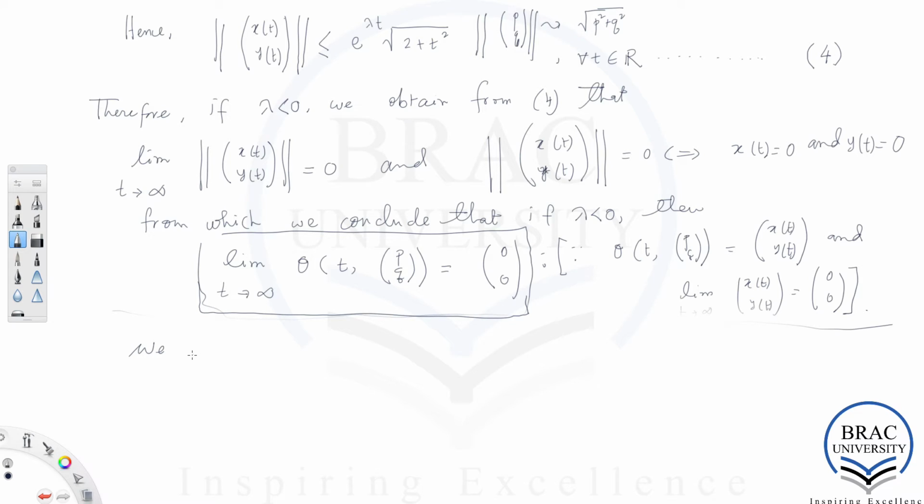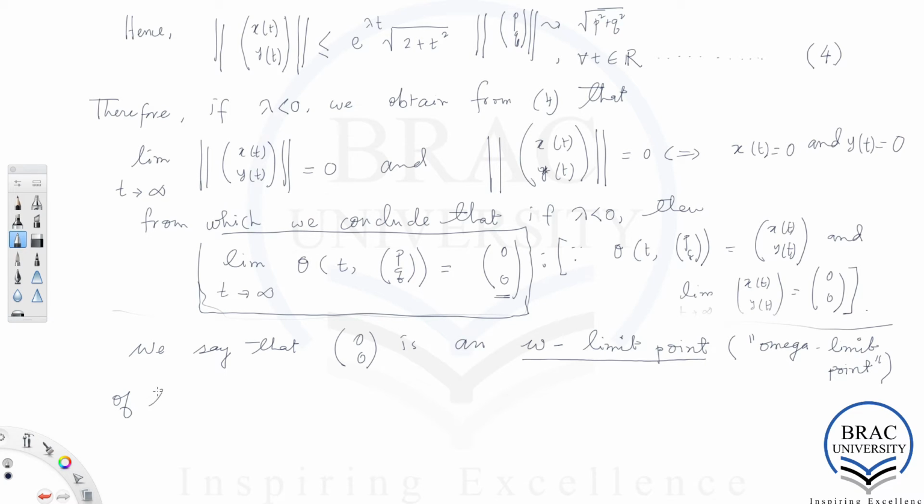We say that 0, 0, this vector on the right side, is an omega limit point of the orbit gamma PQ.